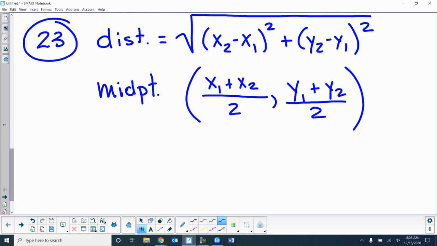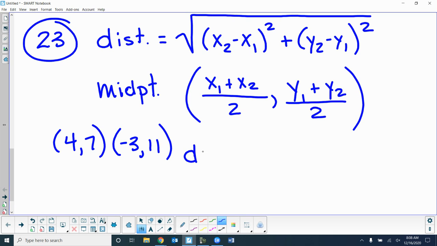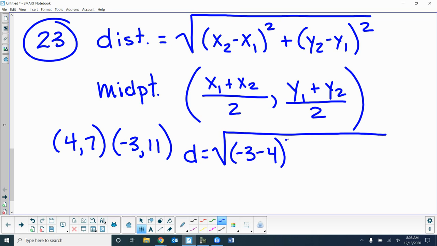So the 2 points for 23 were (4, 7) and (-3, 11), okay? So for distance, x2, -3, minus x1, 4, squared, plus y2, 11, minus y1, 7, squared.